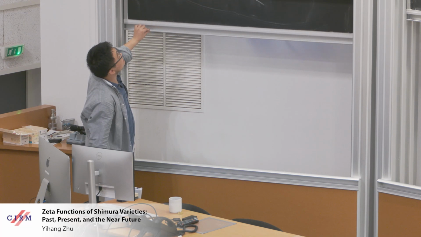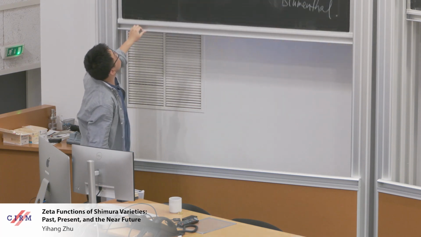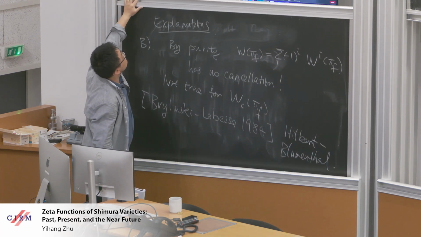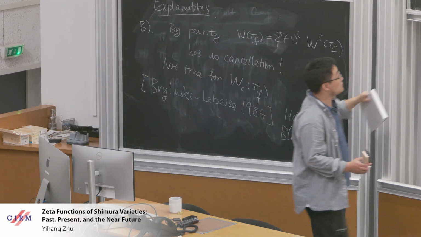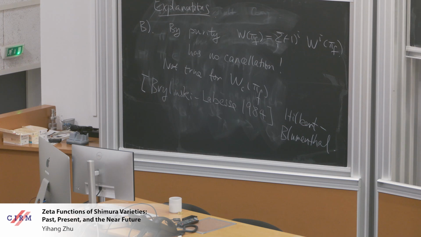Okay, right. And then, how does the Galois group enter the picture?